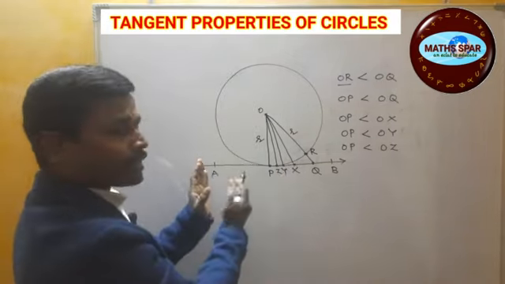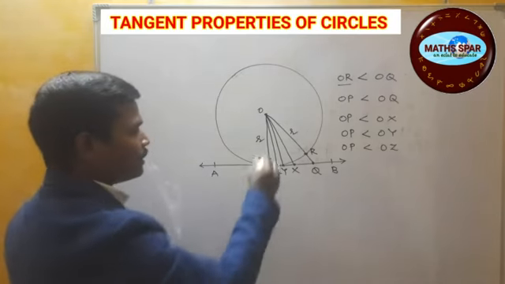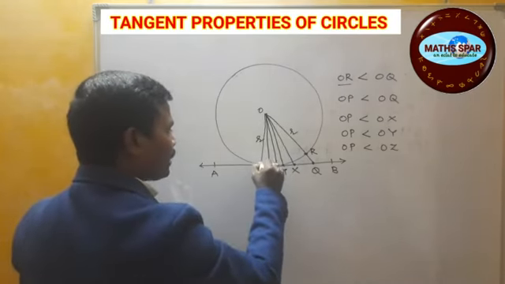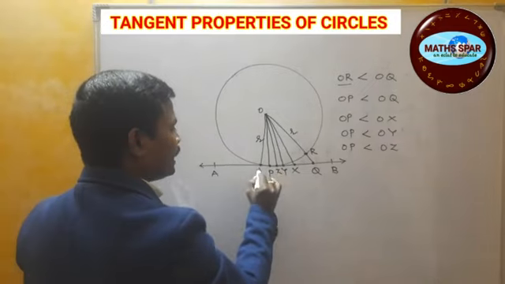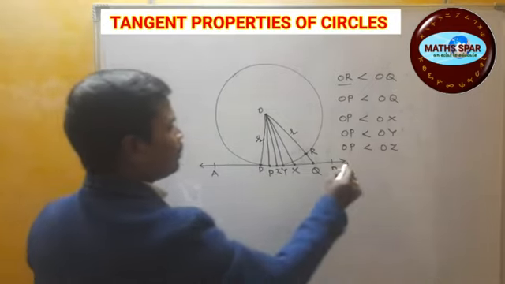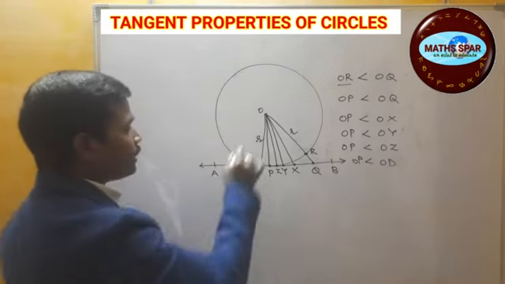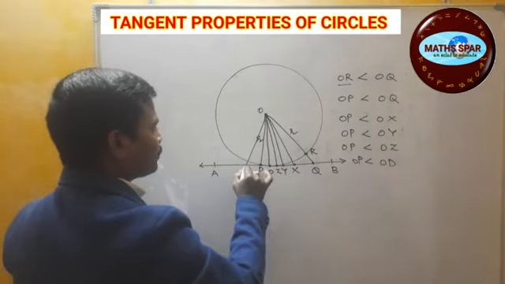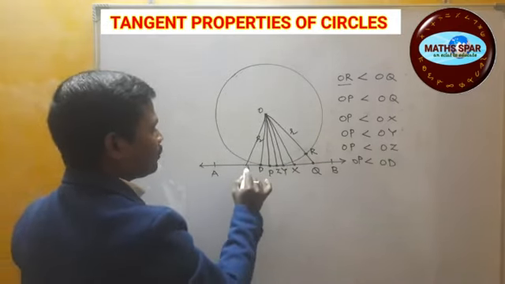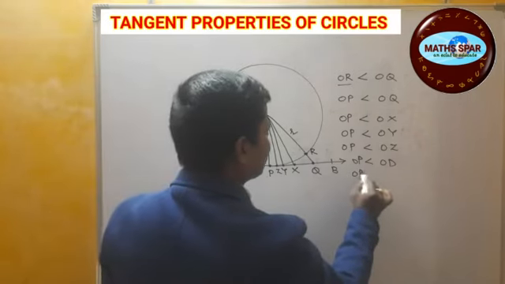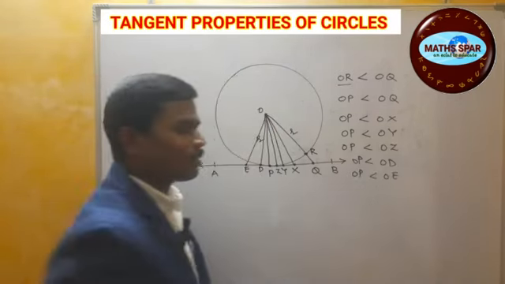Similarly, if you come to the left side, that is from P to A on the tangent, there also if I take this point as some D, then OP is less than OD. Then if I take E, then OP is less than OE.